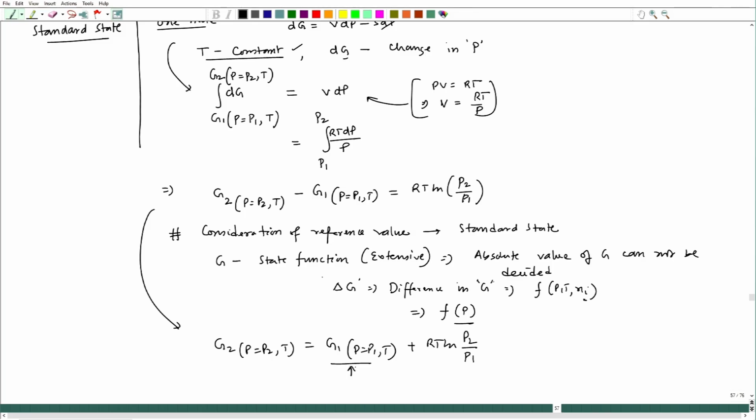If we do not get this value, we cannot find out, at least we can find out this from this equation, but we cannot find out. So, let us say I need to find out what will be the final state. Then I need to assign some value to this.